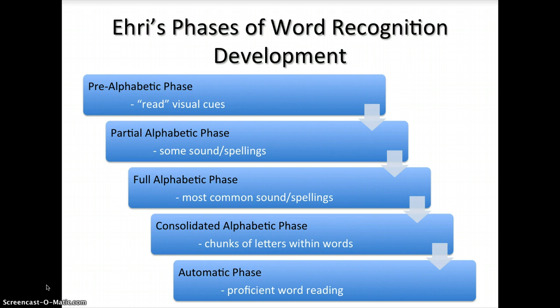The full alphabetic phase is where readers actually possess an extensive working knowledge of the letter sound correspondence system, or what's called the graphophonemic system. At this point, they can use this knowledge and analyze the connections between letters and phonemes in words. This is where we see students beginning to decode unfamiliar words.